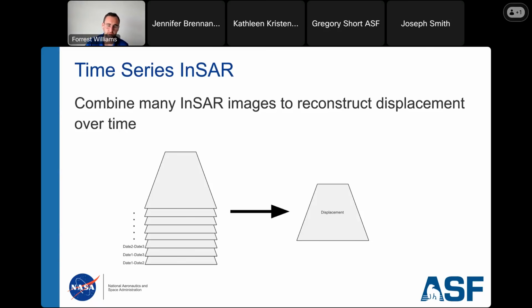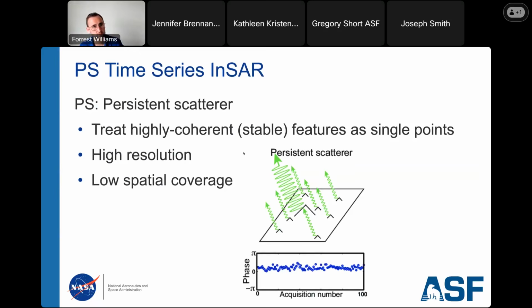And then when we drill down into the specifics of the InSAR data, there's two key ways that we can actually perform time series InSAR analyses. And they really both depend on the type of terrain we're looking at. So the first technique I want to talk about is persistent scatter or time series InSAR. And this is a type of time series InSAR that's particularly applicable when you get very strong returns of very stable features.